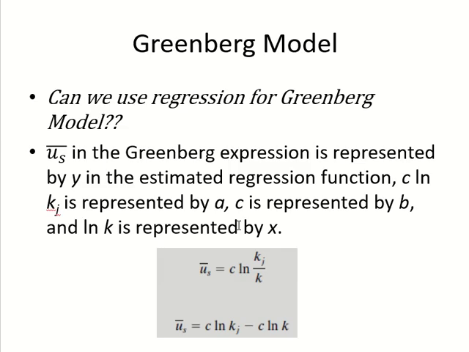So the x is log of k, and b is c only. Clear enough? So you can apply the regression model even to the Greenberg equation, but your definition of a and b and x will change. So x is no longer k. X is log of k. Clear now? Any questions?